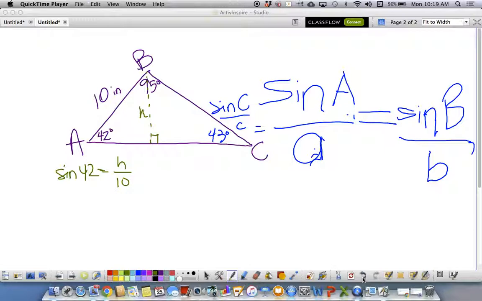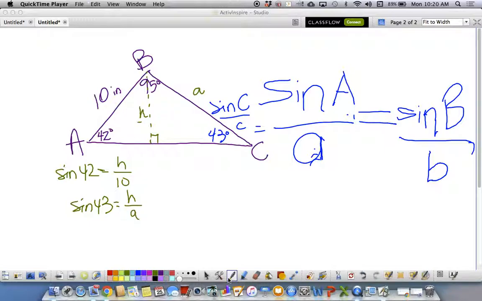Could we have sine 43 equals h over whatever variable this is, A? So sine 43 equals h over a.